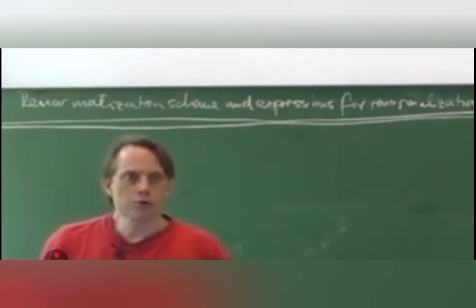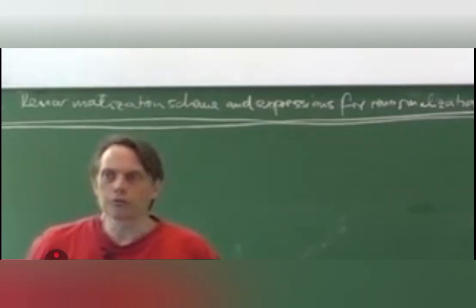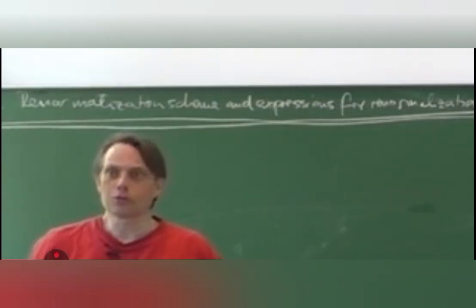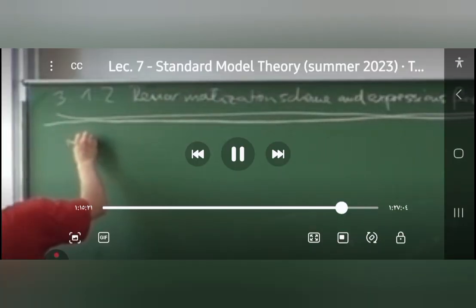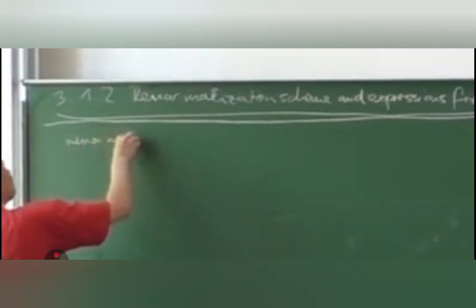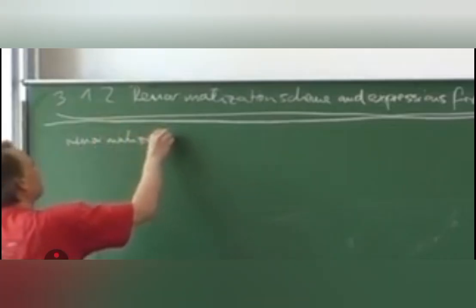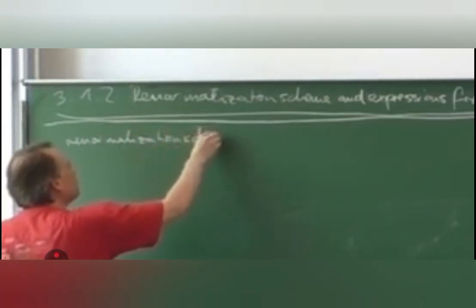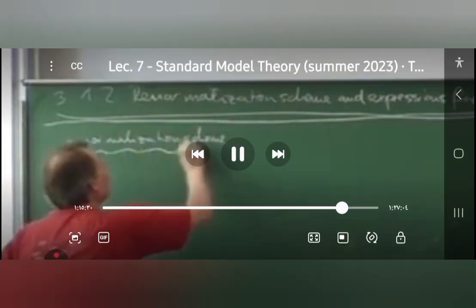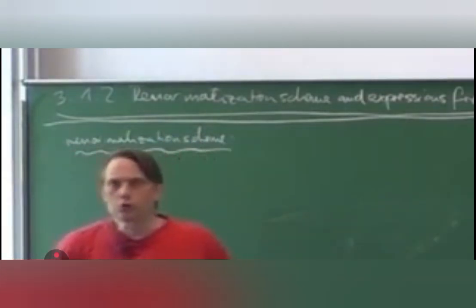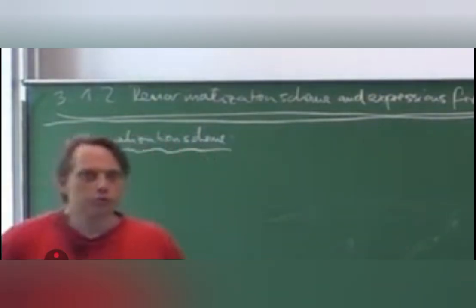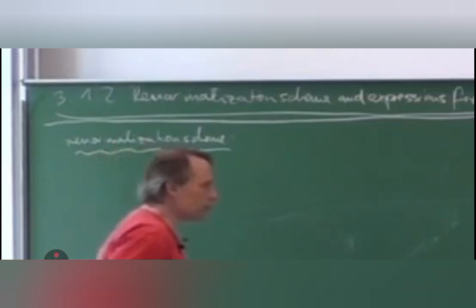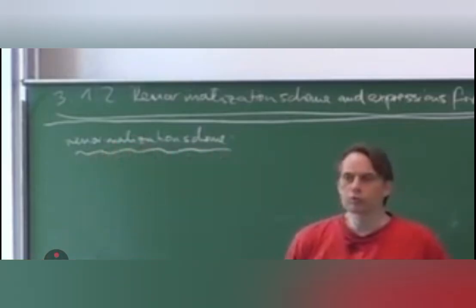The renormalization scheme and the expression for the renormalization constants. What is a renormalization scheme? There are always these 3 or 4 equivalent ways to characterize what a renormalization scheme is.